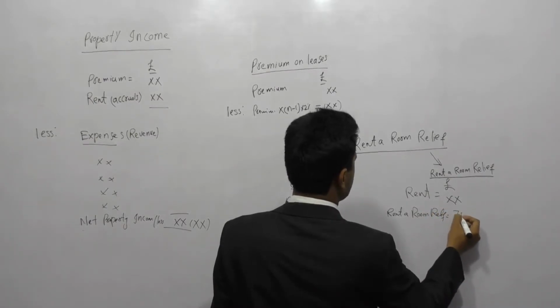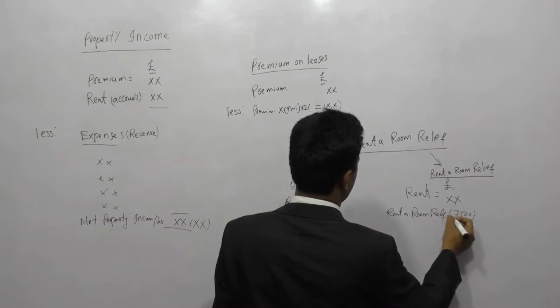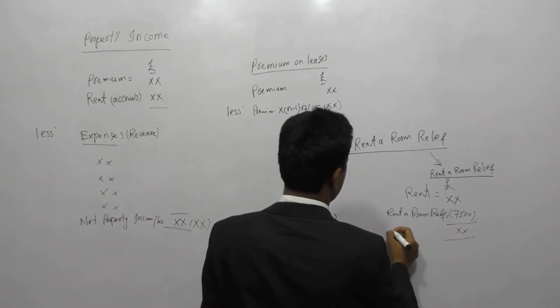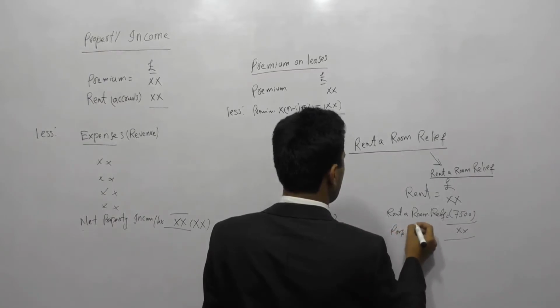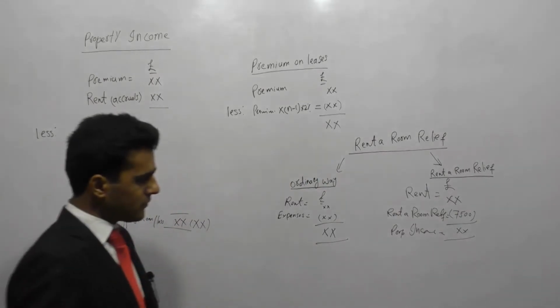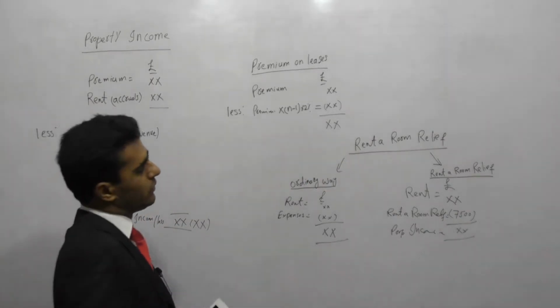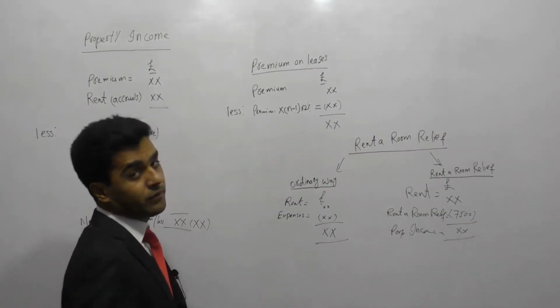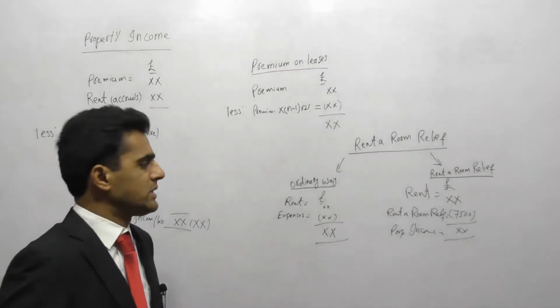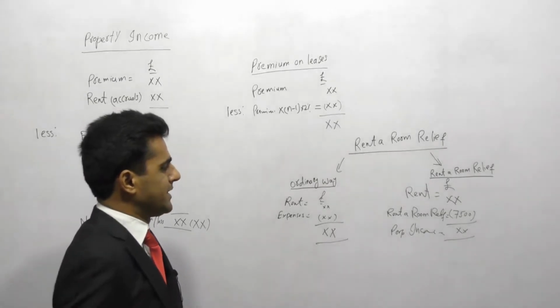For our current tax year, rent a room relief is £7,500, and the net amount will be our property income. So we take our total rent which we have received, and we deduct £7,500 out of that, and the net amount will be our property income.